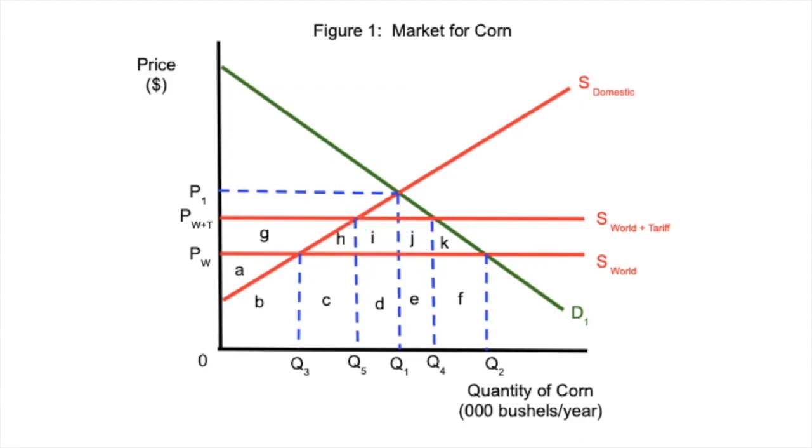So if I were to put some colors on this, right, this is going to be post-tariff domestic revenue. This is going to be post-tariff world revenue, yeah? And this is going to be the government income as a result of the tariff.